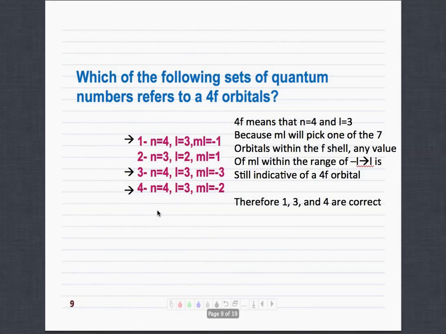So that's right, and it also represents one of the orbitals in that subshell. For n equals 4, L equals 3, and ML equals -2, it also represents one of those 4f orbitals. So 1, 3, and 4 are the 3 right answers.